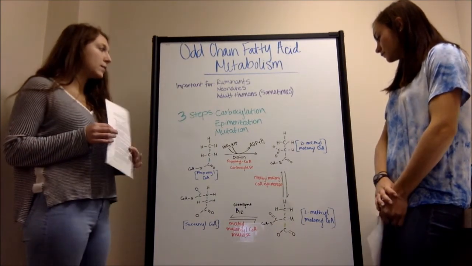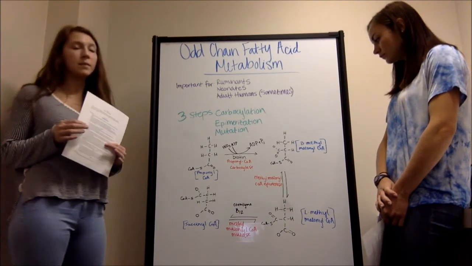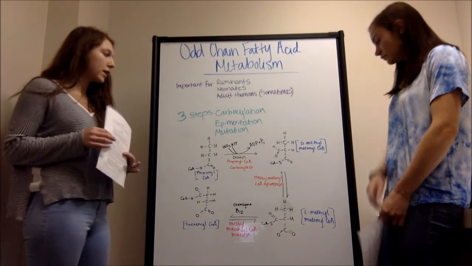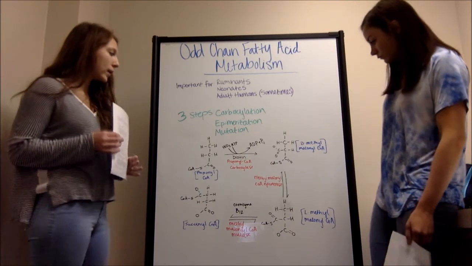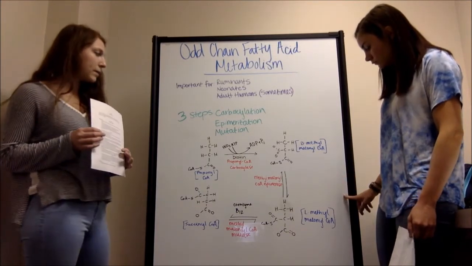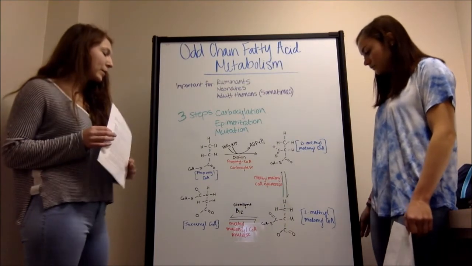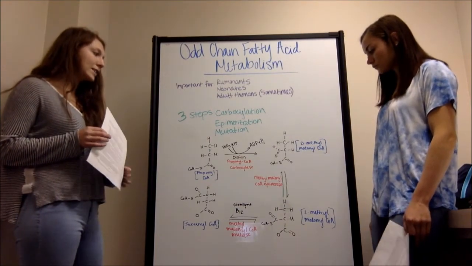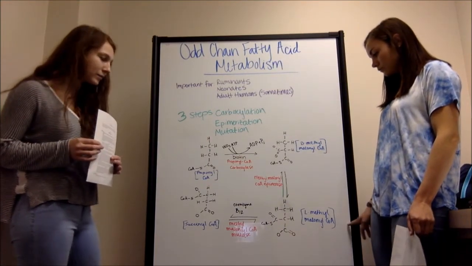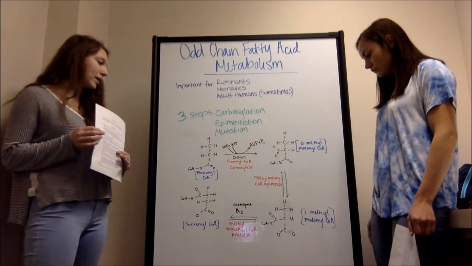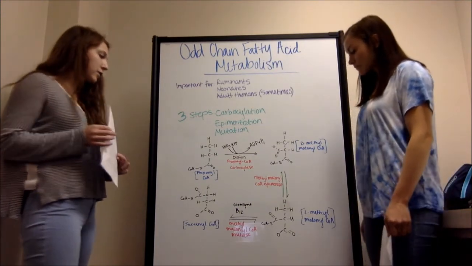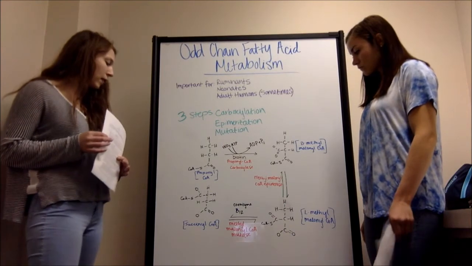It produces D-methylmalonyl-CoA. The D-methylmalonyl-CoA then undergoes epimerization with the enzyme methylmalonyl-CoA epimerase. The product from that reaction is L-methylmalonyl-CoA. The L-methylmalonyl-CoA then undergoes a mutation to produce succinyl-CoA.